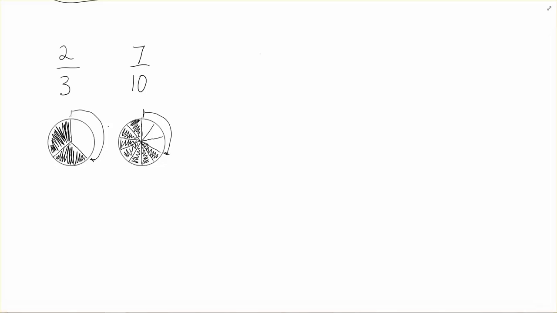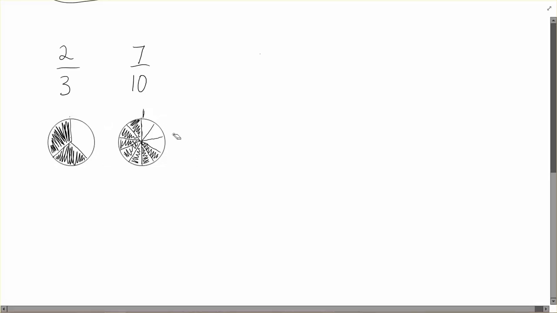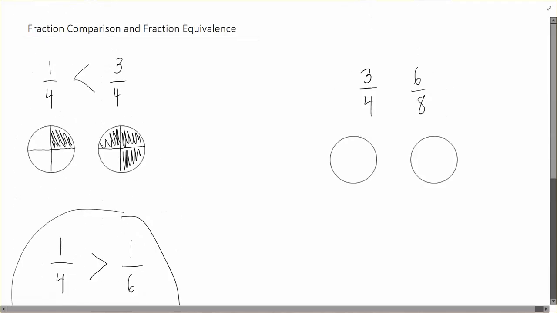So there's some different kinds of reasoning that we can do, but ultimately what comes in really handy and what we want to try to steer students toward is realizing that if we get these wholes cut into the same size pieces, then the comparison becomes like this first one, and it's essentially trivial. We just look at the number of pieces in each.